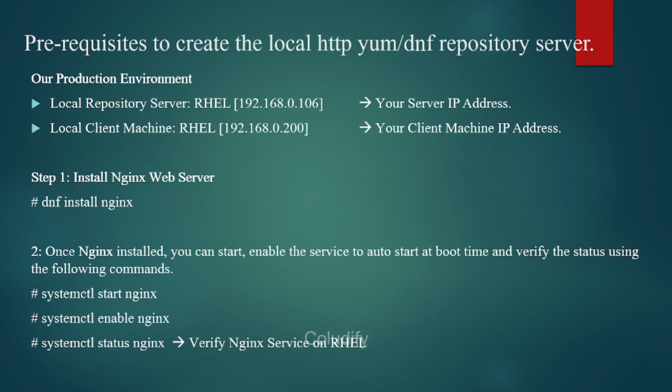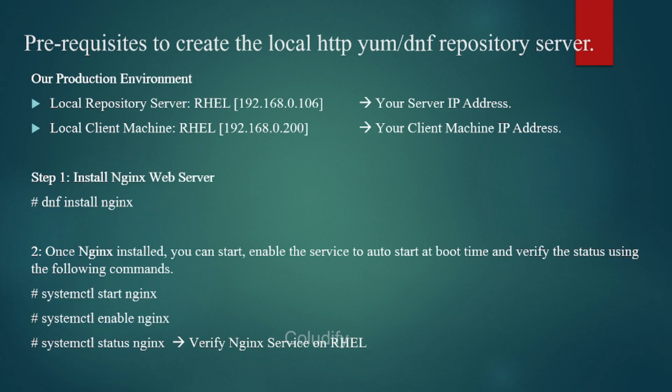After that, we log in to the repository server and install the Nginx web server package with the help of dnf install nginx. Once we install the Nginx package, we start it with the systemctl start nginx command.